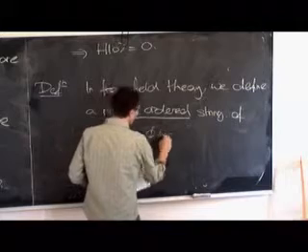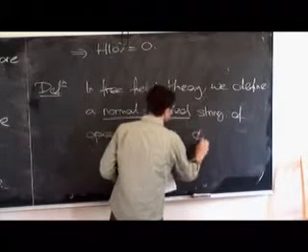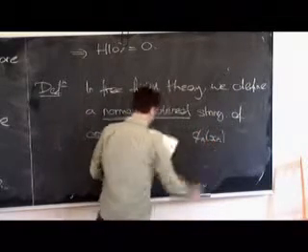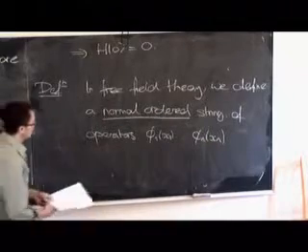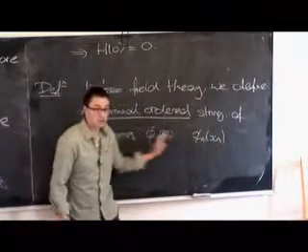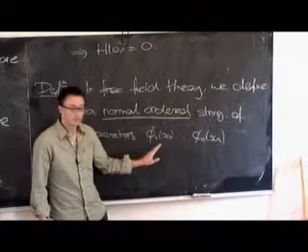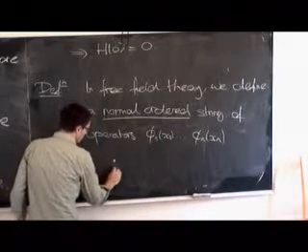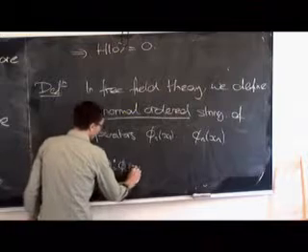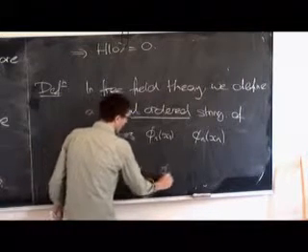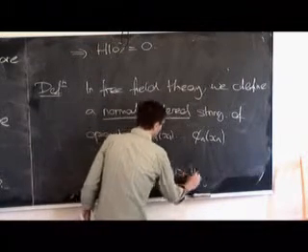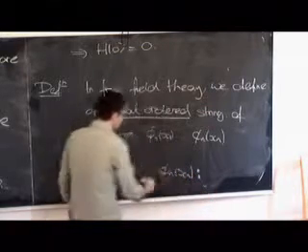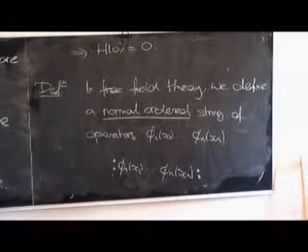Suppose I have any bunch of fields evaluated at any point. These are now all operators, so the ordering matters. I'm going to define the normal ordered guys, and whenever I mean normal ordered, I'm going to put colons outside the string of operators.